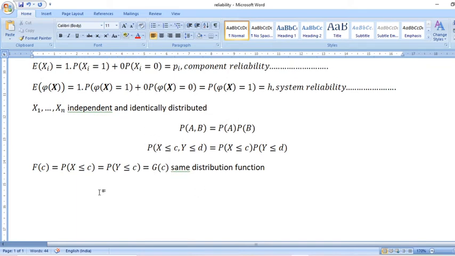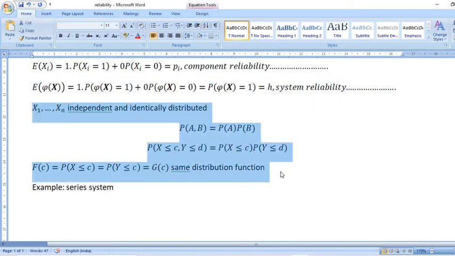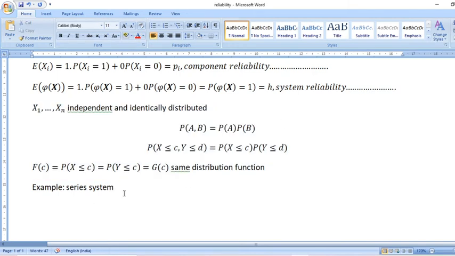For that we are considering an example of series system. We are assuming that x1 to xn are independent and identically distributed, that means they are having same distribution for each and every random variable.